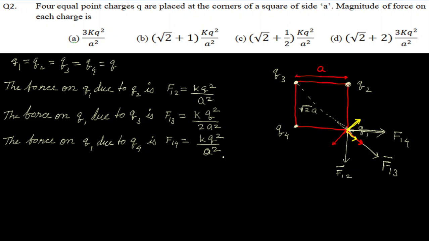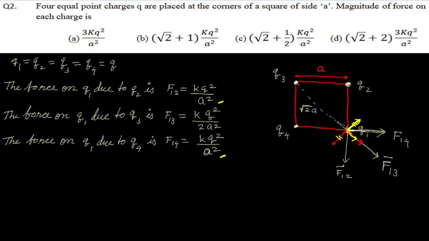Now take a look at the magnitudes of F14 and F12. Both have the same magnitude. Because of that, this component and this component will cancel each other out. So the resultant force will be along the diagonal, that is, along the direction of F13.